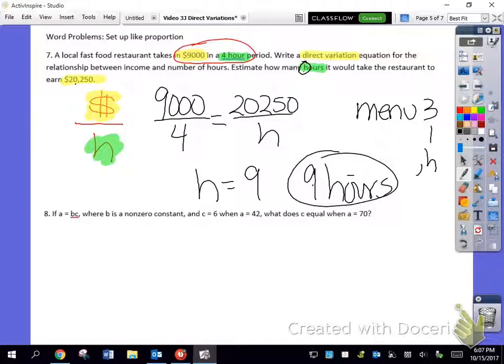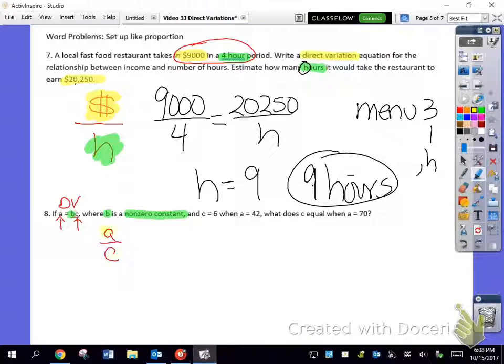So the last few problems, we're going to focus on setting them up. 8. If A equals BC, where B is a non-zero constant. Now, guys, when you have something like that, remember our equation. This is a direct variation, okay? So if it's a direct variation, I'm going to be comparing A to C. Set my ratio proportion, all right?